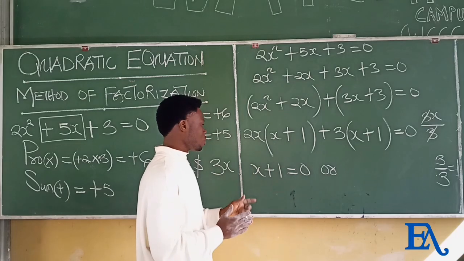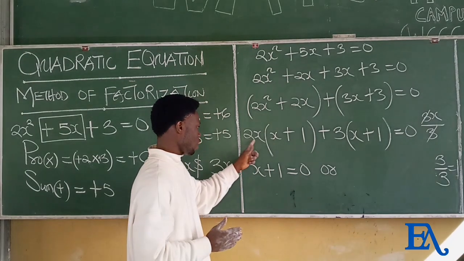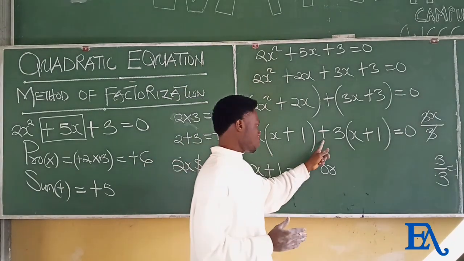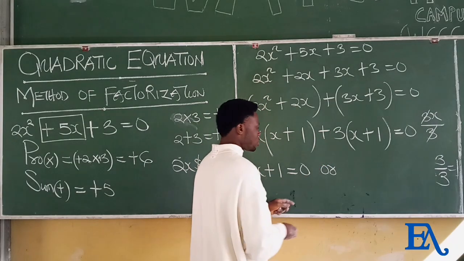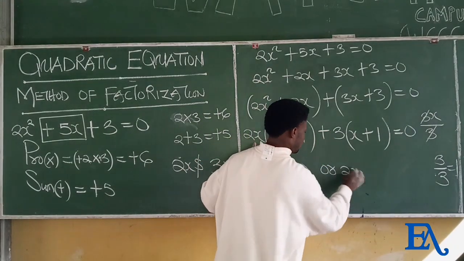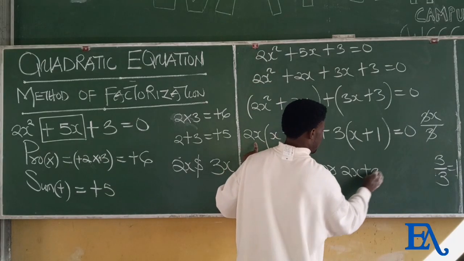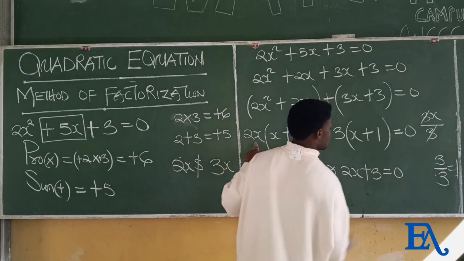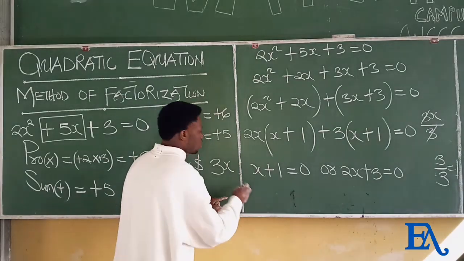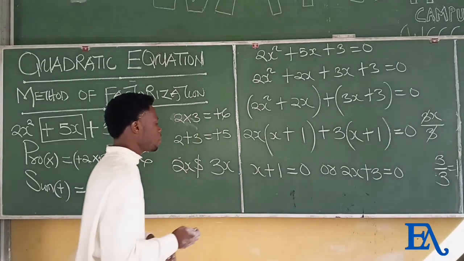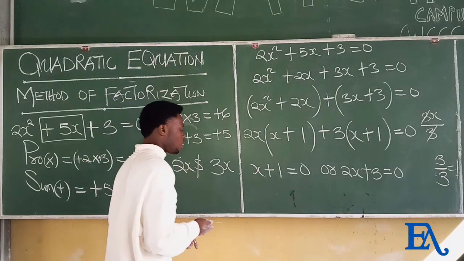Or, what is not written in the bracket is 2x plus 3 equal to 0. So everything outside the bracket is 2x plus 3 equal to 0. From here we have step number 4. Make x the subject of the formula.